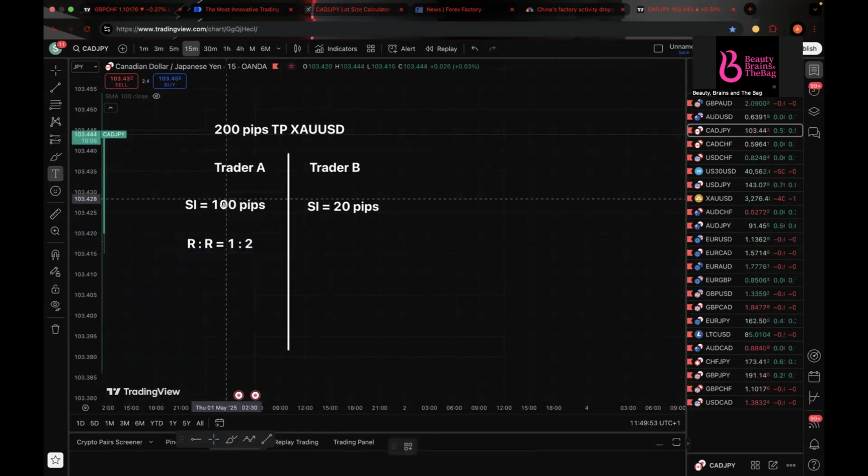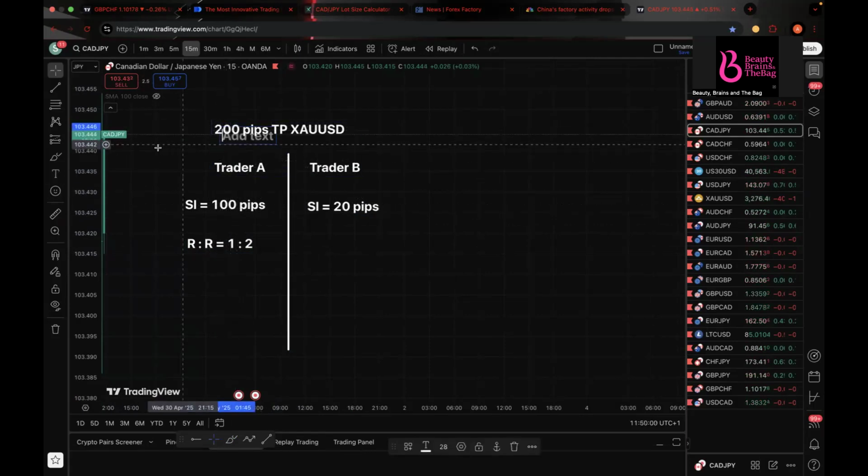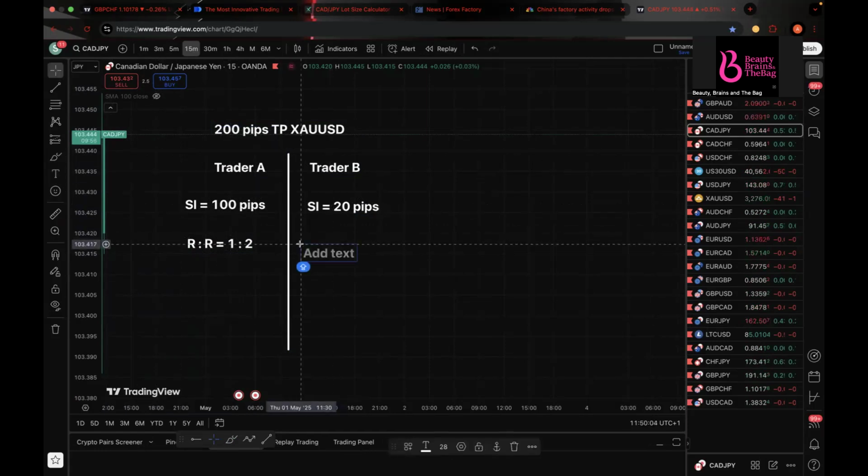Because he's risking 100 pips to catch double of that. He's risking 100 pips as stop loss to catch 200 pips as take profit. While this other one, his risk to reward ratio is 1:10.